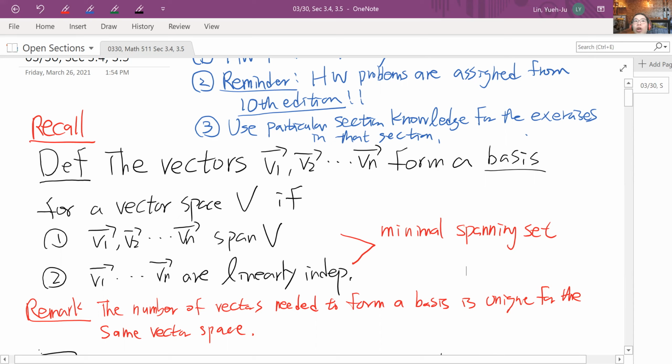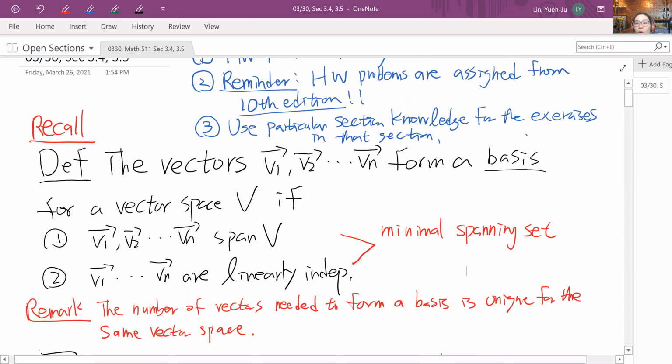Spanning set is regarding the collection of all linear combinations: if you consider the span of some vectors, you're talking about the collection of all the linear combinations of those vectors. And in 3.3, we talk about, if you give me a set of vectors, are they linearly independent of each other? So this is 3.3.